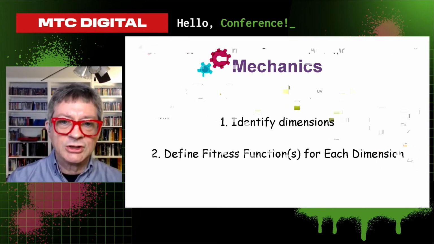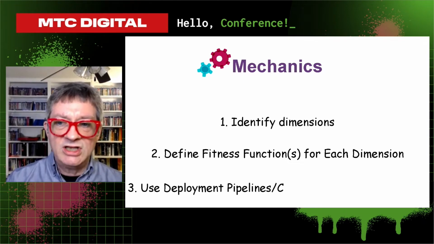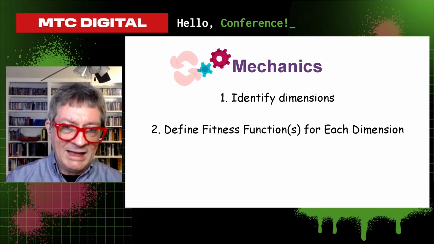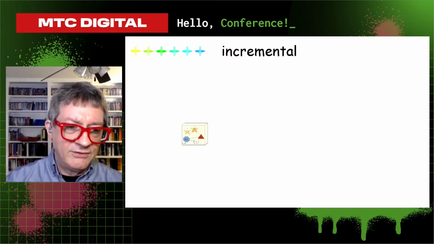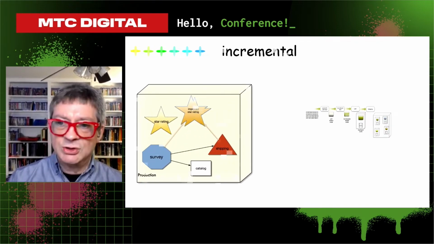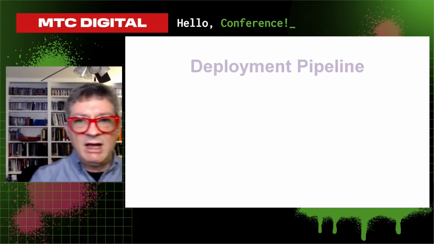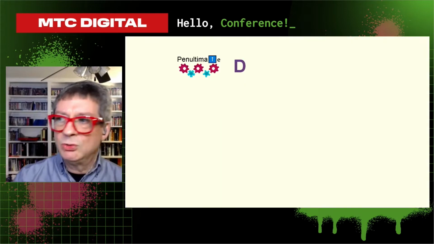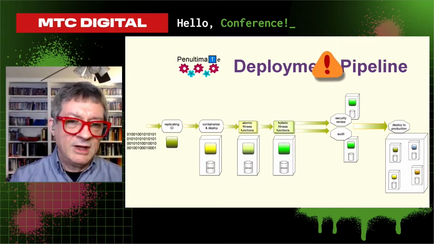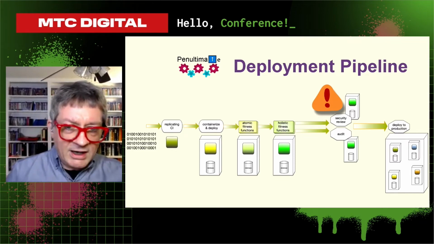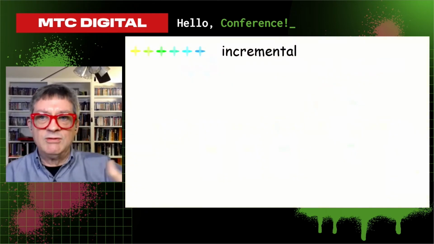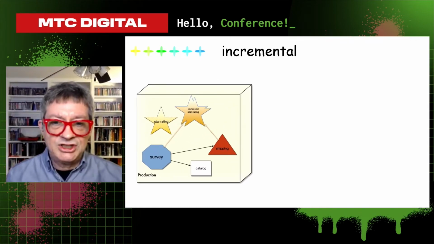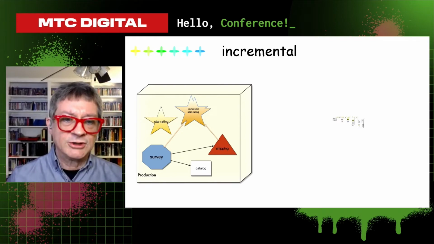And then once you define fitness functions, use deployment pipelines and or continuous fitness functions to implement these behaviors to make sure that as you make changes to your code base, all of these verifications are in place as you do so. While a lot of this happens up front, this is an ongoing process within your architecture. You want to keep doing this over and over to verify things as your system evolves. Just like unit tests, you keep your unit tests up to date always. As things change, you do the exact same thing for fitness functions.